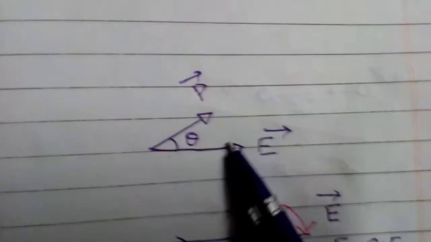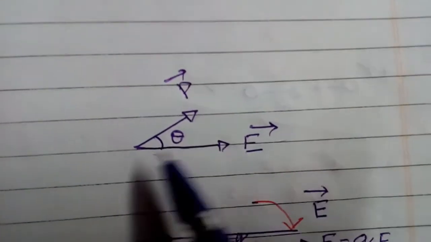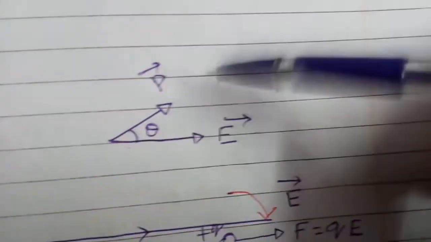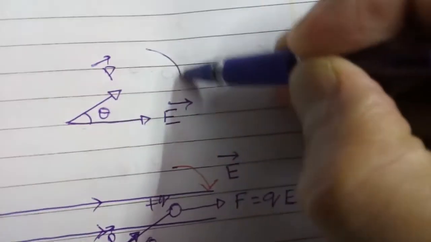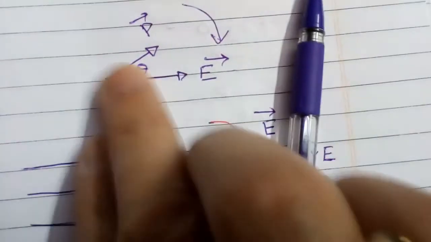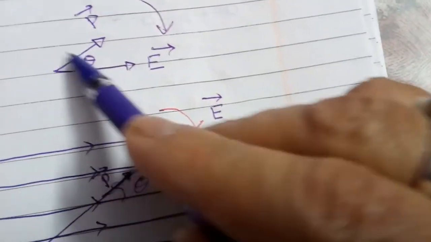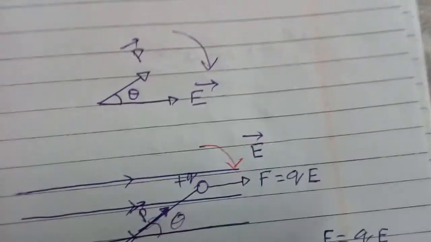Now what will be the direction of this torque? E is in this direction, P is in this direction, and its tendency is to rotate like this. So P cross E: this vector P is being rotated like this toward E. When we rotate a screw like this, its motion will be in the inward direction.